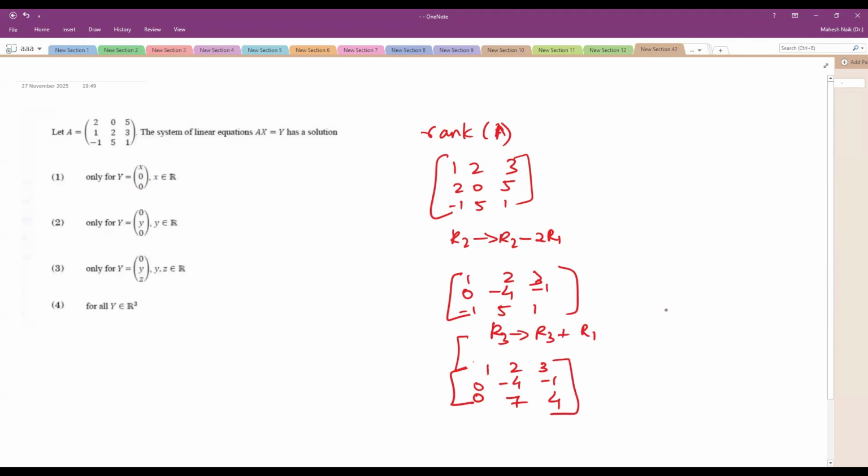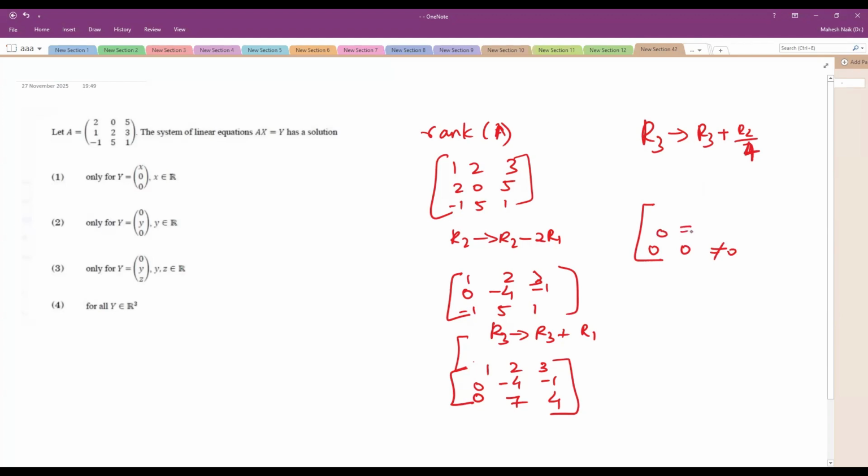Right? And so we have R3 goes to R3 plus R2 by 7. Not 7, 4, right? So that gives us 0, 0, and this will be surely non-zero.